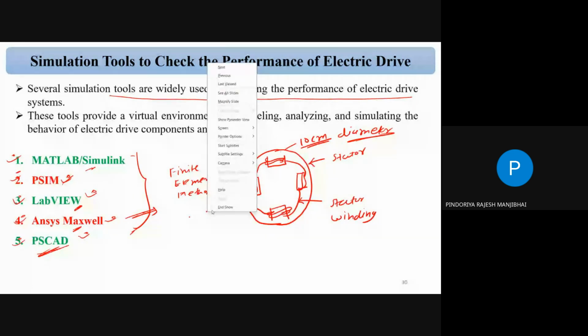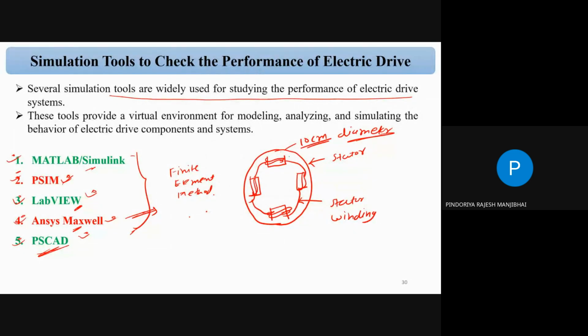So in finite element, we divide this component into small sections. We can divide the stator part into small sections, and then we analyze each and every part.